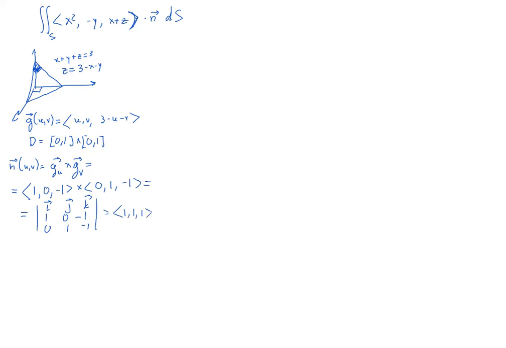In the problem, this surface is oriented by taking the upward normal. We have to ask if the normal vector that we just found is compatible with that orientation, and it is because the last coordinate is positive. So what do we do next? The underlying vector field is x squared minus y, x plus z.